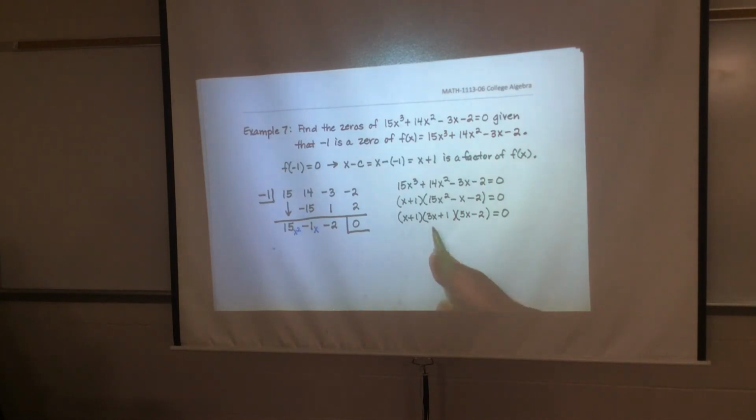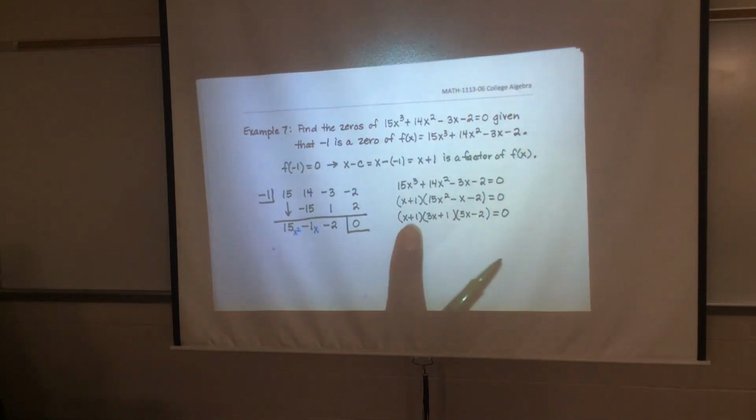That way, negative 6x plus 5x will give me a negative x as a middle term. So I got x plus 1 times 3x plus 1 times 5x minus 2 equal to 0. And I would suggest you check out the factoring playlist that I posted under the announcement section on Canvas if you need help with factoring.